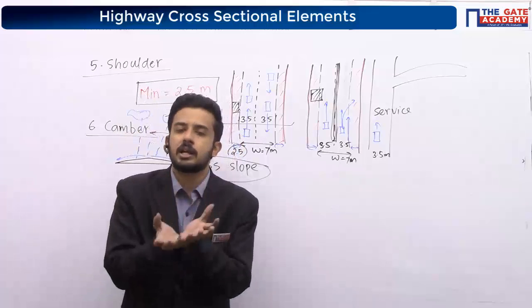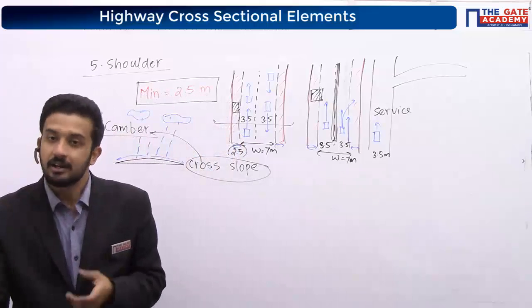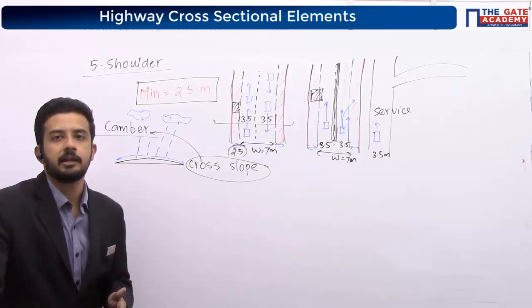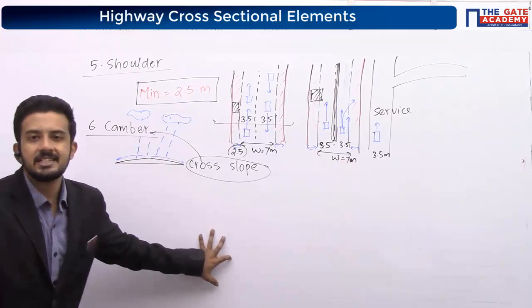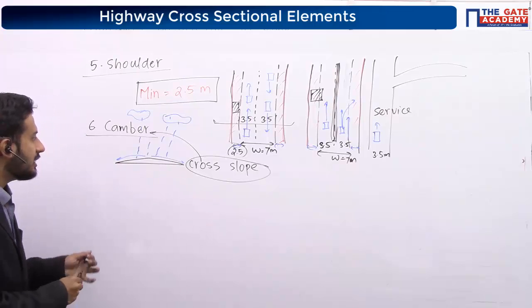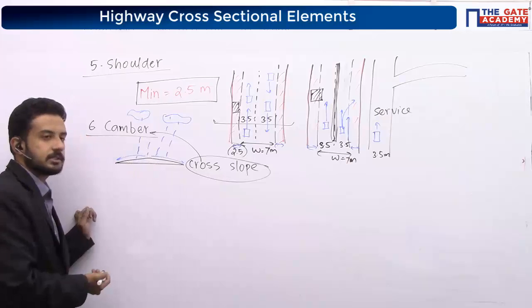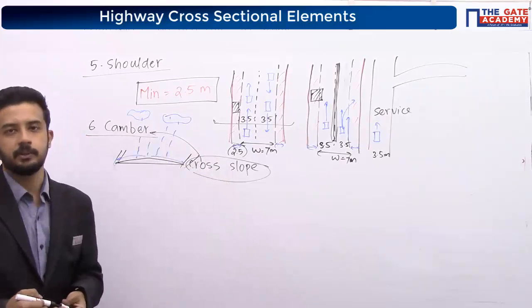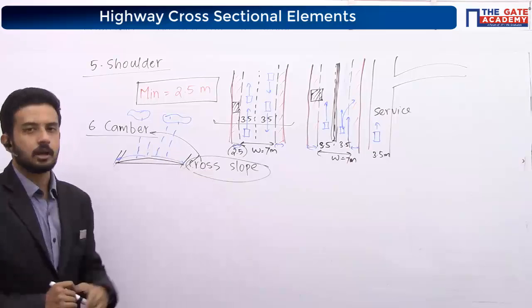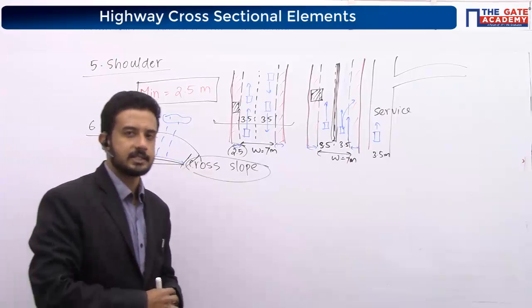Some potholes will happen, distress will happen, like alligator cracking. Lot of distresses are there. So drainage is very important. Drainage means drainage from the surface, and there will be some side drains. So to the drains, we give that. So the cross slope provided on the surface, we call it camber.